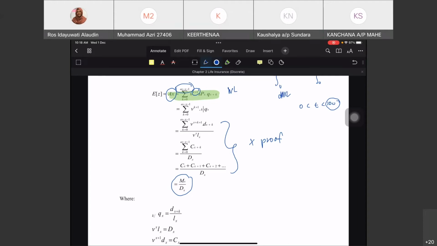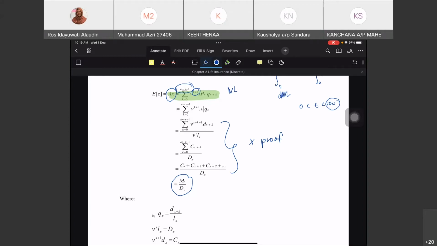We have to calculate one by one. We can calculate if it's just 0 to 5; if n equals 5 we have just 5 terms. But if we have 100 terms, how can we solve that problem?